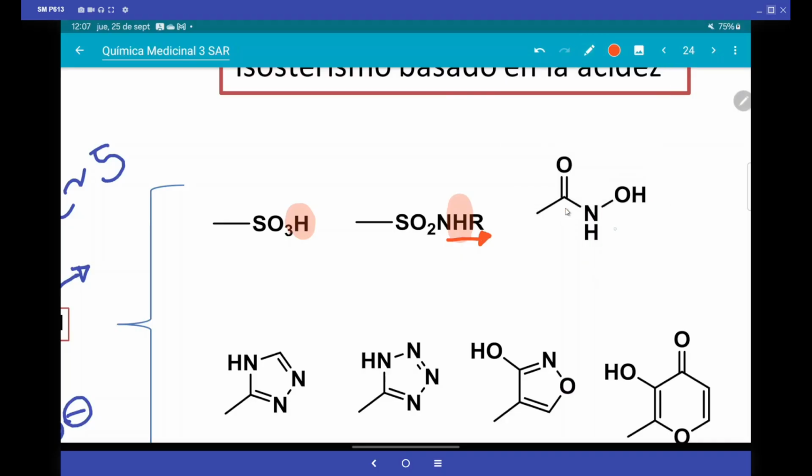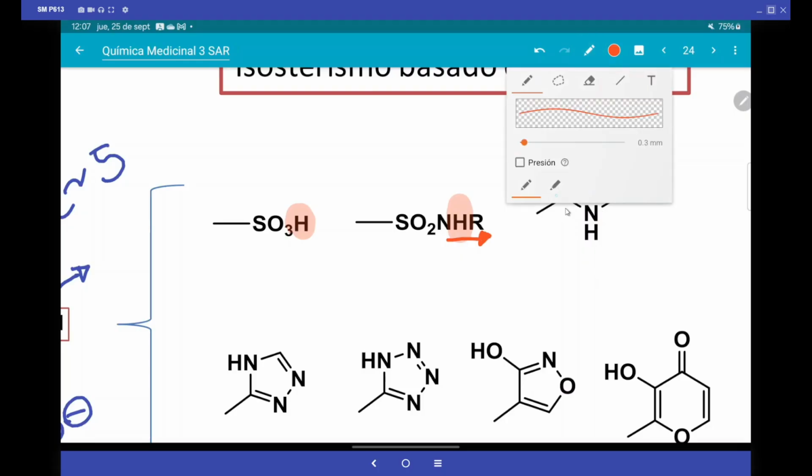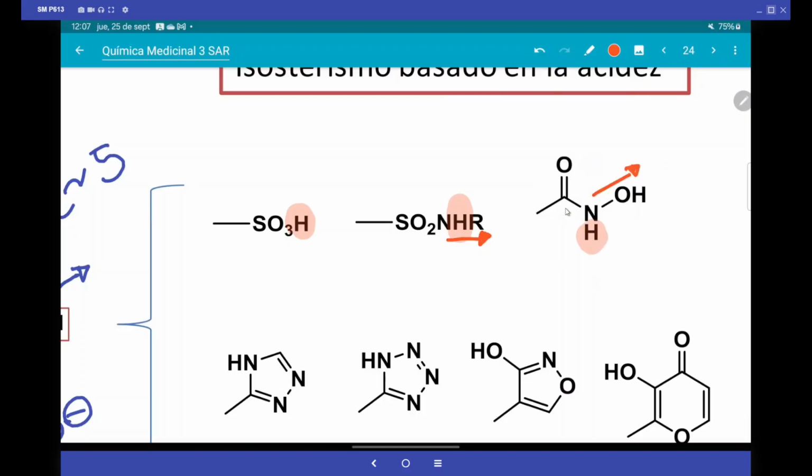Exactly. That will generate an extra stabilization, since we have an electron attractor that stabilizes the anion, and the anion, when it is formed, also stabilizes by resonance with the carbonyl. So there are two factors. If the amide does not have the H, for no reason does it lose a proton. The amides are neutral. Remember that they are neutral.